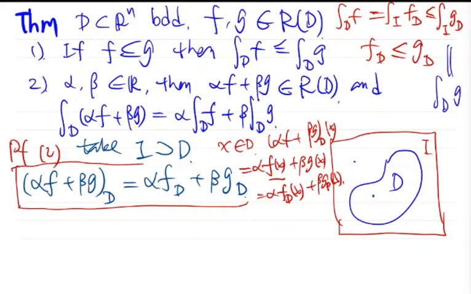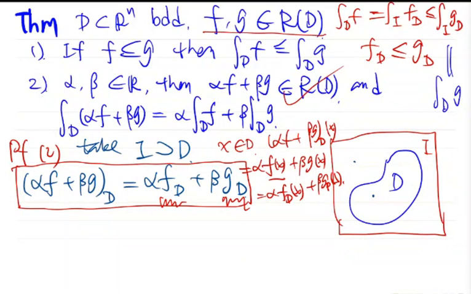So using this equality, we see that alpha f plus beta g is integrable, because f and g are integrable over D, which means the zero extensions of f and g are integrable over I. So therefore their sum, that is the zero extension of alpha f plus beta g, is integrable over I. So alpha f plus beta g is integrable over D. So the integrability is proved.